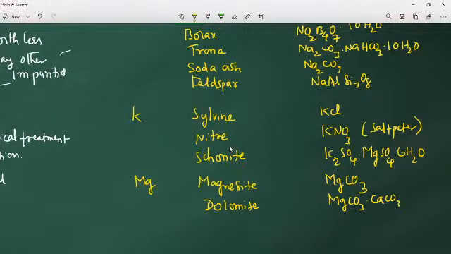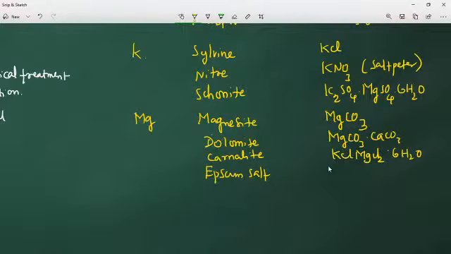Carnallite, that is KCl MgCl2 6H2O. Another one for potassium, and the most important one, is Epsom salt, that is MgSO4 7H2O.